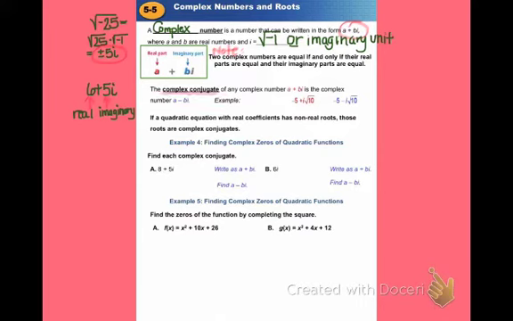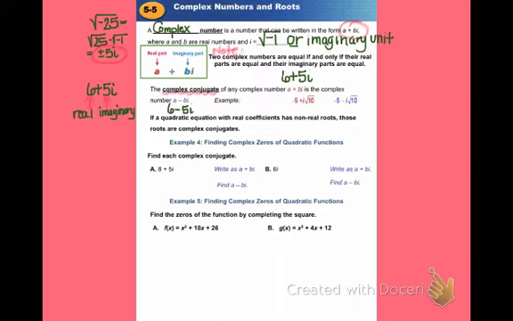Now, there's something called the complex conjugate of a complex number. If the complex number is a plus bi, or in the example I'm using here, 6 plus 5i, then its conjugate would be a minus bi, or in our case, 6 minus 5i.